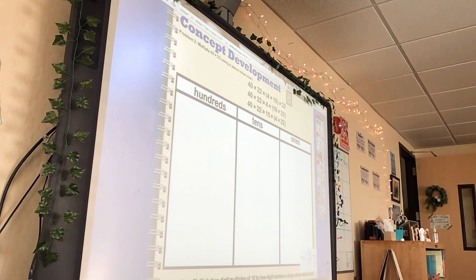When a number gets 10 times bigger, it moves one place to the left on the place value chart. Let's say we have 3 ones. I'm in the ones place over here. 3 times 10 is 30, so it gets 10 times bigger and moves one spot on the place value chart.